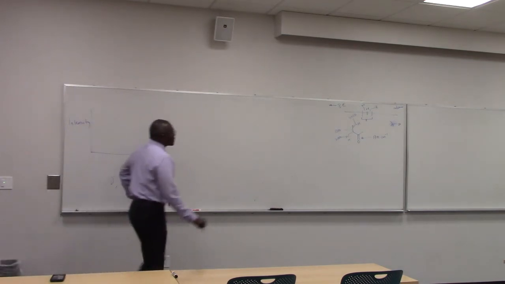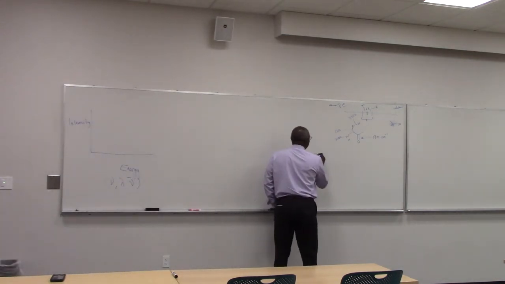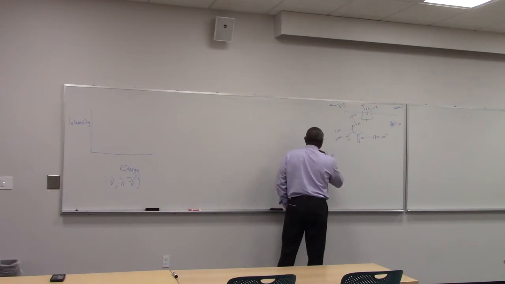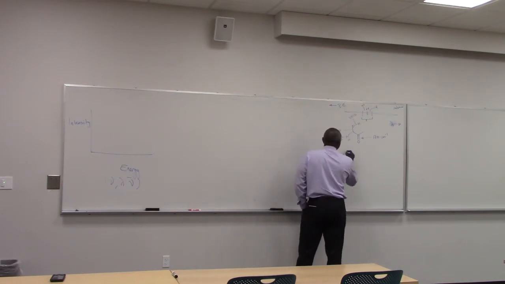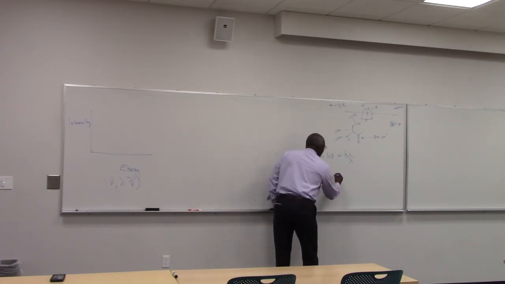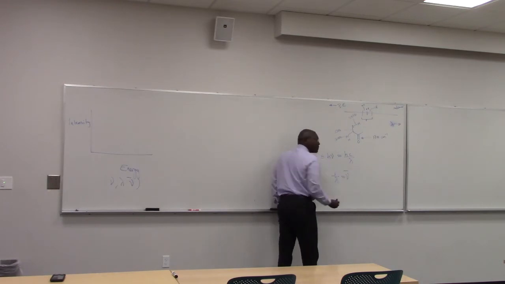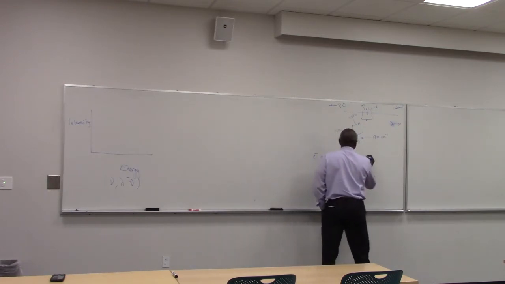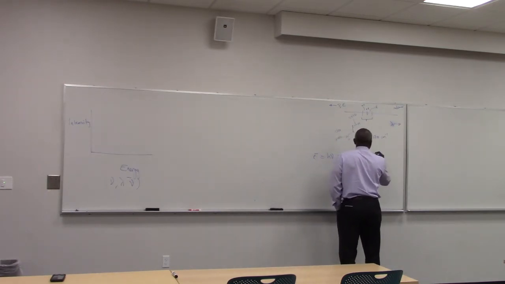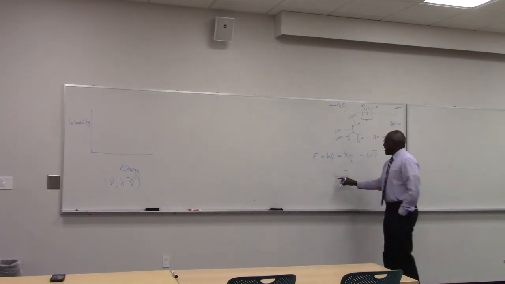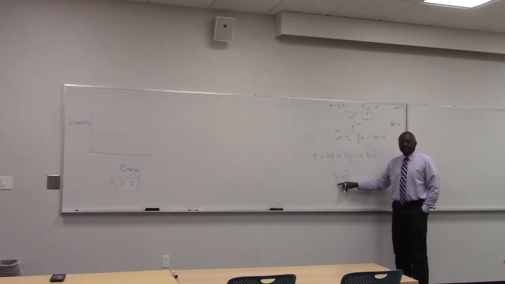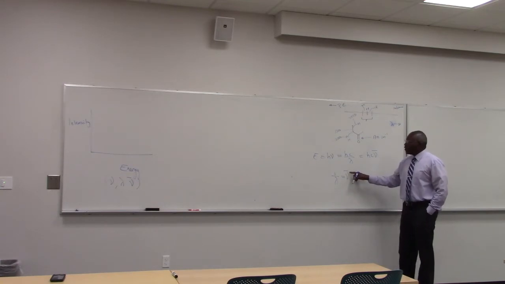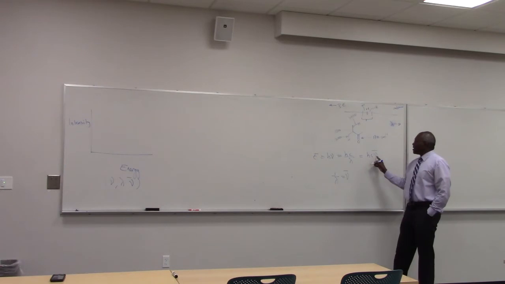So remember we wrote that E is equal to h nu, which is equal to hc over lambda. Well, I can call the term 1 over lambda nu bar, in which case this becomes hc nu bar. So if I define the inverse wavelength as the term nu bar, then the energy is equal to hc nu bar, right?